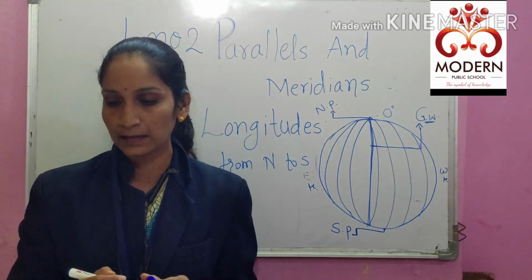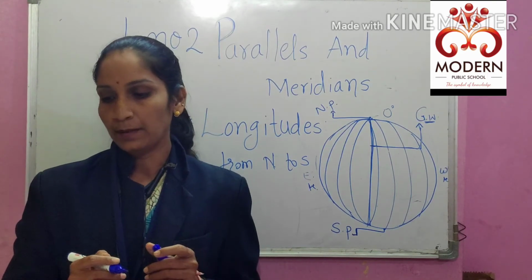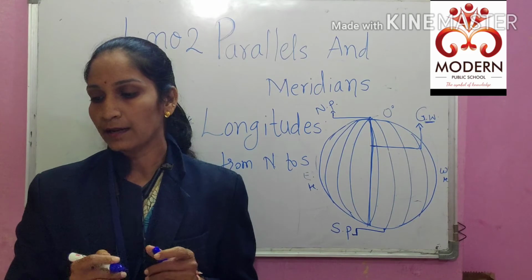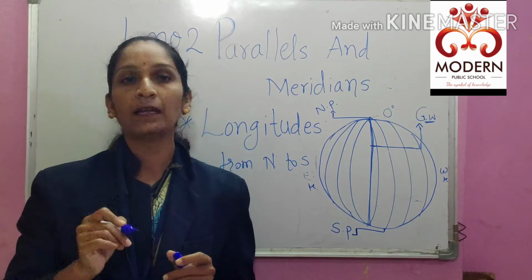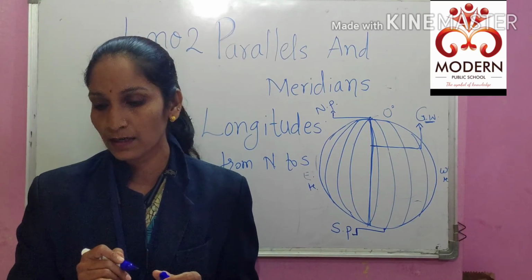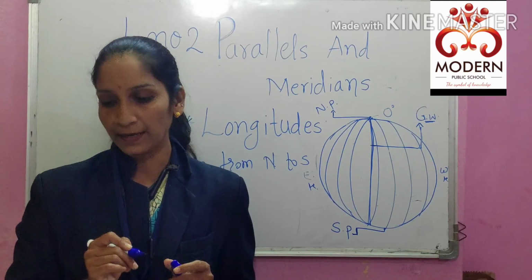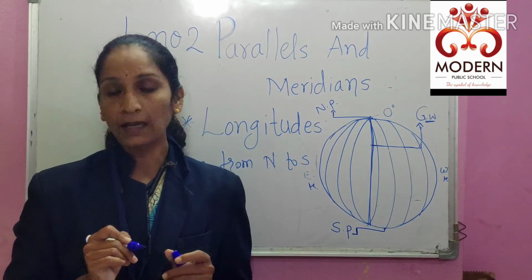A full circle is made of 360 degrees. Meridians are drawn at intervals of 1 degree. There are 180 meridians to the east of the prime meridian and 180 meridians to the west, making a total of 360 meridians plus the prime meridian.